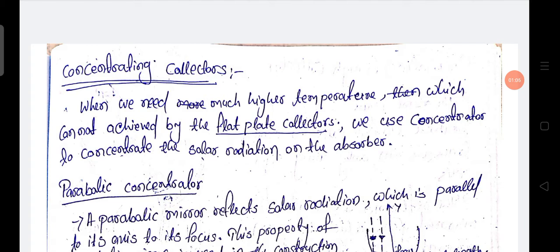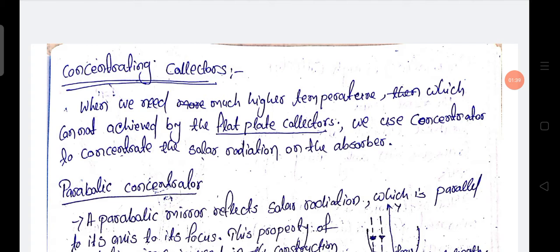We use a concentrator to concentrate the solar radiation on the absorber. That means, what is a concentrator? You know, there's a reflector behind your torch bulb. There is a parabolic reflector. Okay, that reflector is also a concentrator.